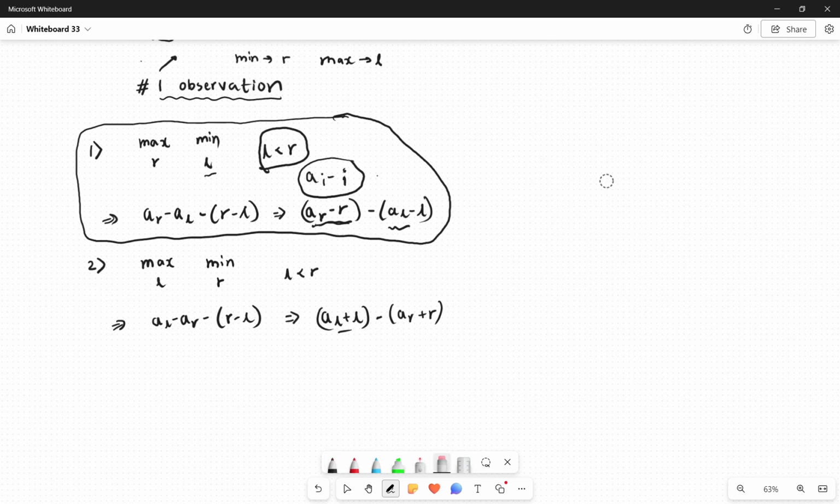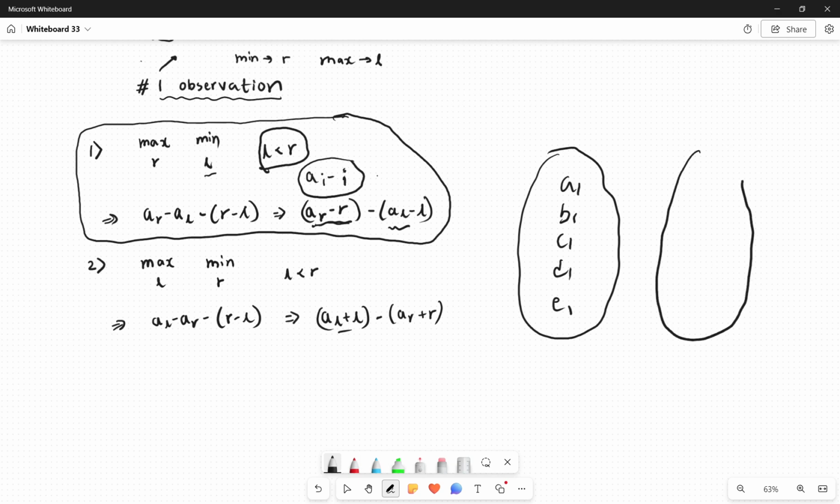So if I'm merging these two nodes, I can draw them a lot bigger: a1, b1, c1, d1 and e1, and a2, b2, c2, d2 and e2. If I'm considering case 1, I have to consider ar minus r.